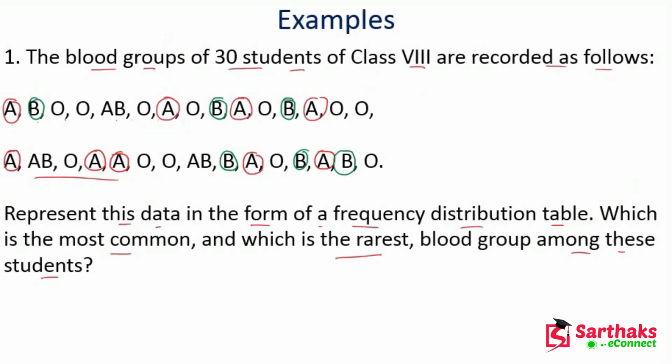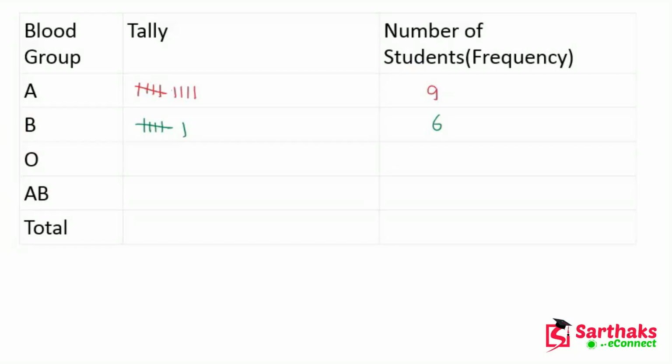Now let's find how many O's. So here identify the O's. So here 1, 2, 3, and 3, 4, 5, 6, 7, 8, 9, 10, 11 and 12. How many? There are 12 O's.